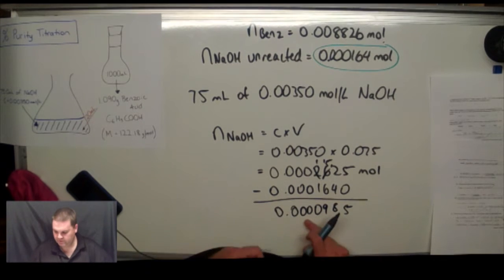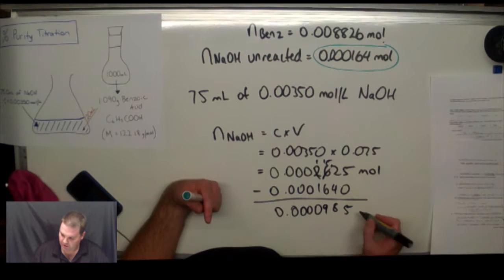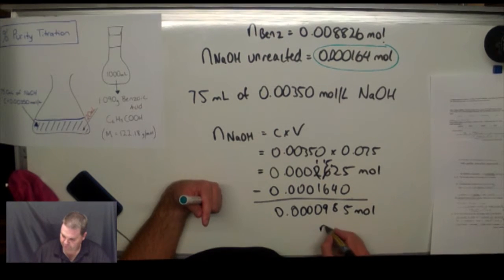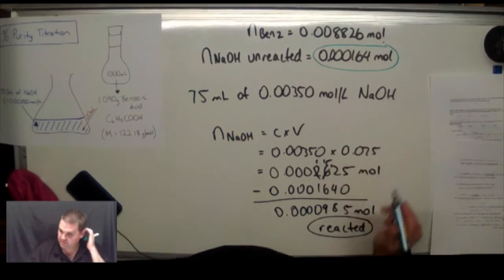So we had 0.0000, I think I said 4 there, 985 moles that reacted. So we know that we had 0.0000985 moles that reacted up here with the benzoic acid.